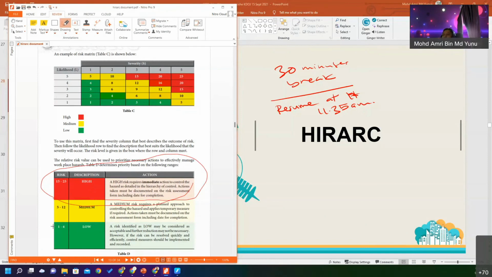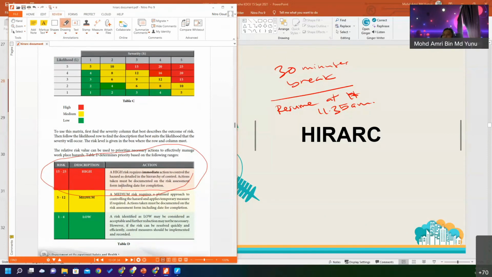And if high, you have to stop whatever work is being done in the workplace, take immediate action and rectify immediately, and no work shall be done until the problem or the risk is removed.